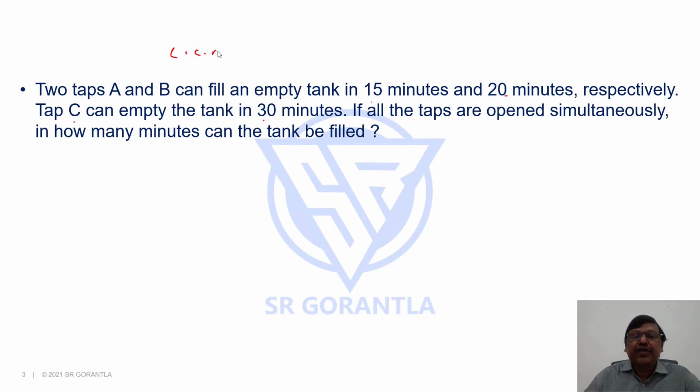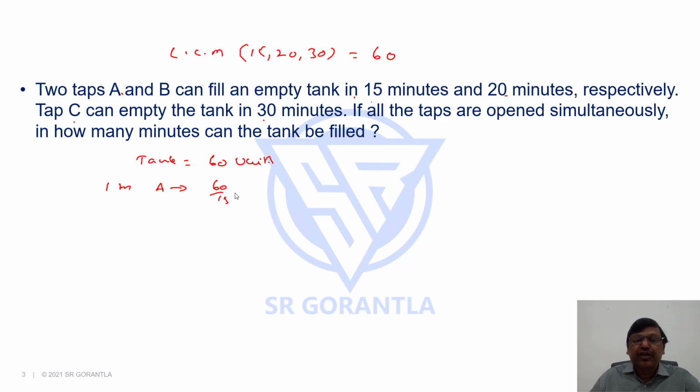LCM of the given numbers 15, 20 and 30, if you find out, it is 60. So now let the tank's capacity or the work be 60 units. Now A takes 15 minutes to fill, means in 1 minute A can fill 60 by 15, 4 units.